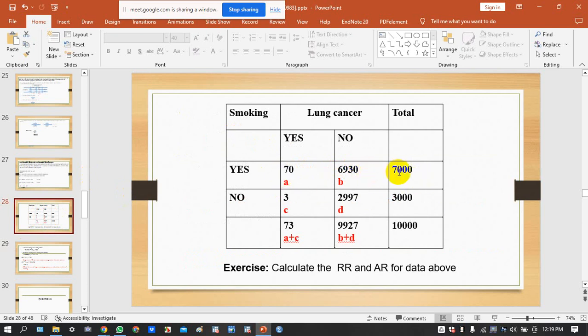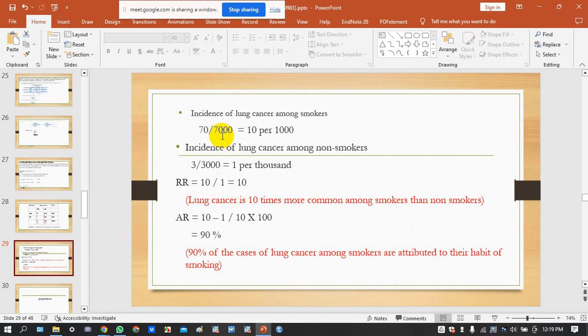So 70 over 7,000 divided by 3 over 3,000. 70 over 7,000 is 10 per thousand, if you cancel the 7 and the 7. Then 3 over 3,000 will give us 1 per thousand. So the relative risk becomes 10 per thousand over 1 per thousand. The 1,000 cancel each other, so we get 10 over 1, which is 10.